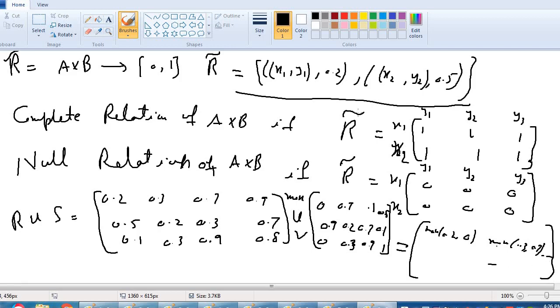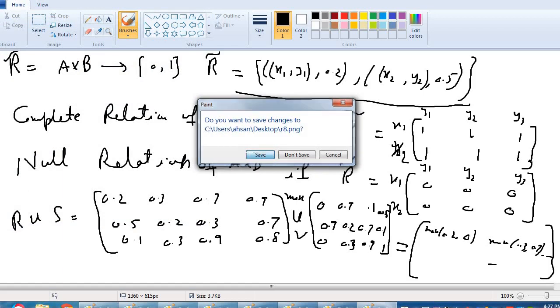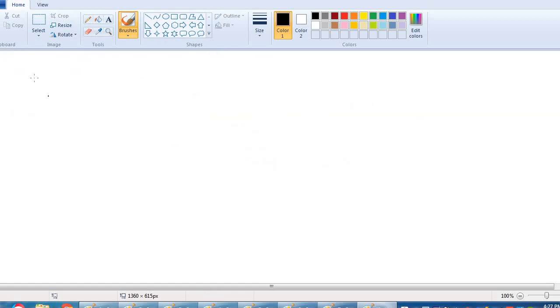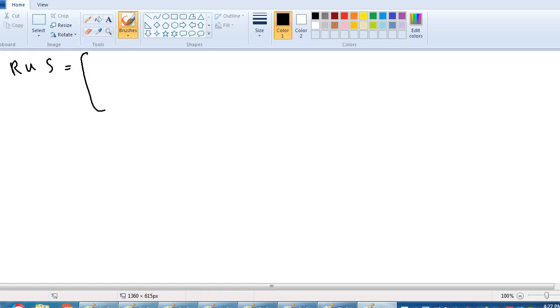We write in this way and we solve it for the new R and S. So we get R union S. Max of 0.2 and 0 is 0.2, then the max of 0.3 and 0.7 is 0.7, again 0.7, 0.9. You can solve it in this way.